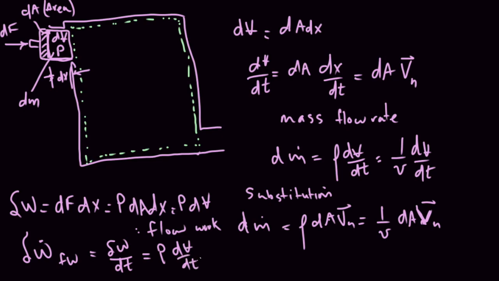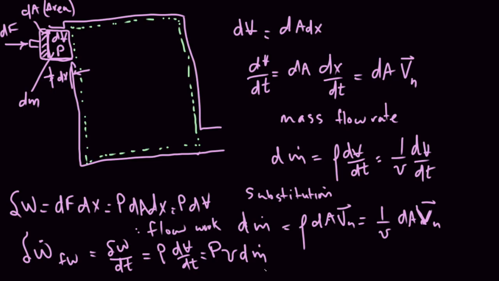And this is equal to pressure times the volumetric flow rate, which is basically equal to pressure times specific volume times dm dot.